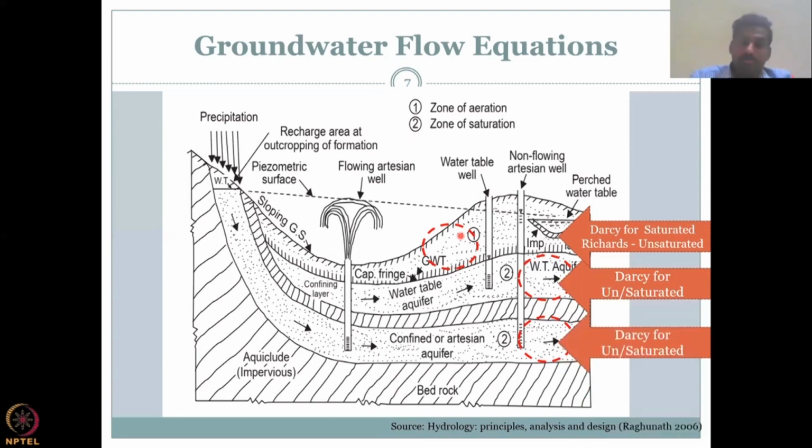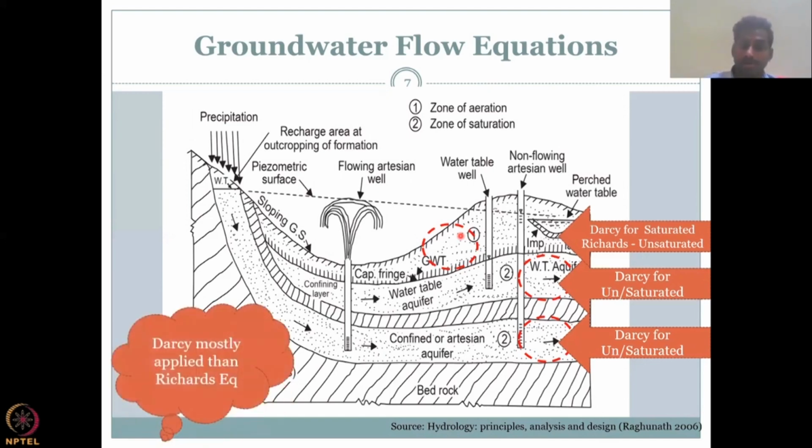In the confined aquifer also, Darcy's law holds mostly good, because Darcy's equation can capture both the unsaturated and saturated within the confined, assuming that some layers, if are unsaturated, you don't model those layers. You only model the layers or use the equation for the layers where the Darcy law holds good.